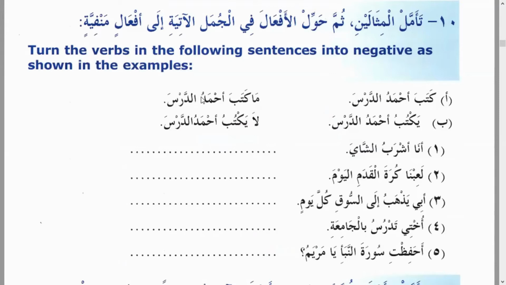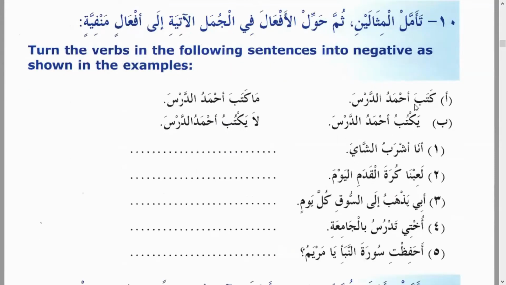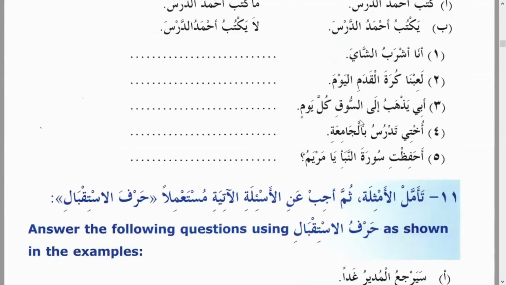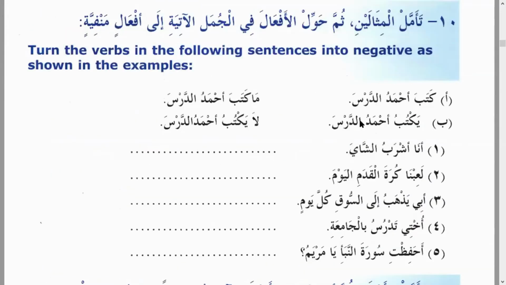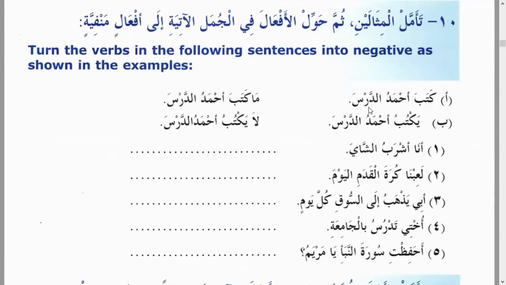Next exercise, we have to make them into negative, like they gave in the example. If it is madi, we'll say ma. Yeah, it's tricky, yes. Especially feminine plurals are very tricky all the time. So in this exercise, he is trying to teach us that with madi, 99% of the time we use ma, and with mudari we use la.